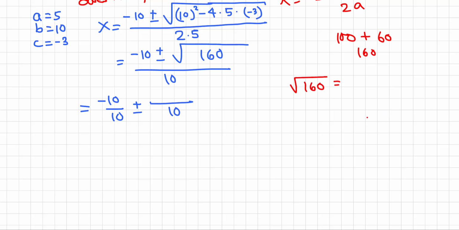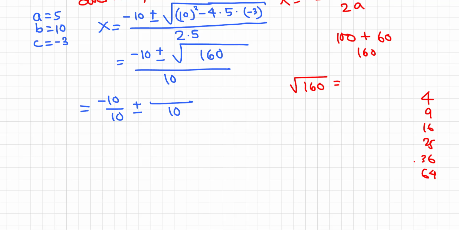What are the perfect square factors? We have 1 squared, 1, but 4, 9, 16, 25, 36, 64. This is 2 squared, 3 squared, 4 squared, 5 squared, etc. Which one divides? Just try in your calculator. I'm dividing 160 by 36, maybe? No.